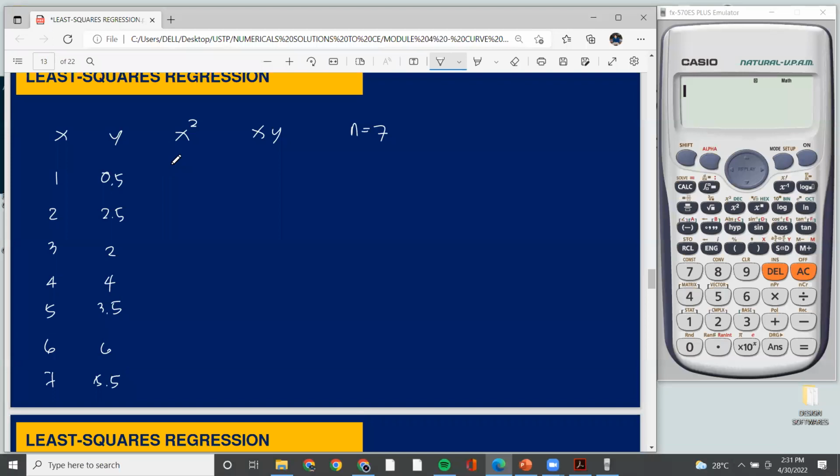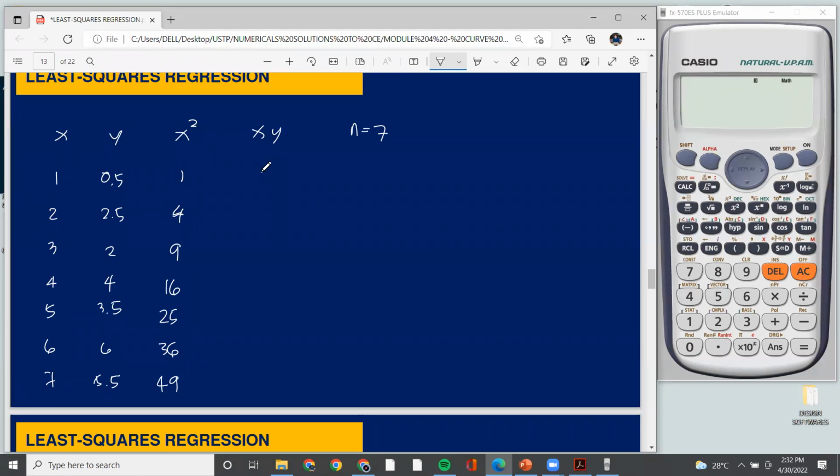Okay? X squared. I-square nato si x. So 1 squared is 1, 2 squared 4, 9, 16, 25, 36, and 49. Klaro ra? If naa moy kalibog, raise lang diretso ang question ha. Okay, and then x times y.